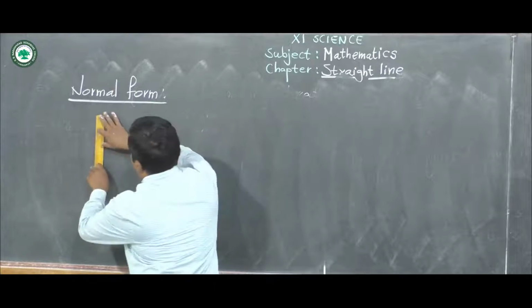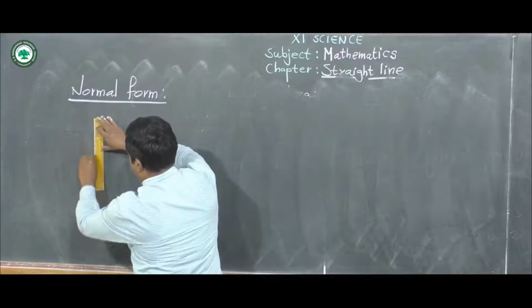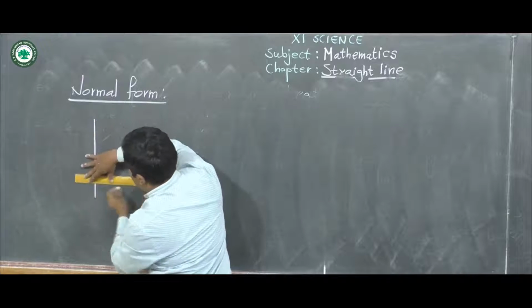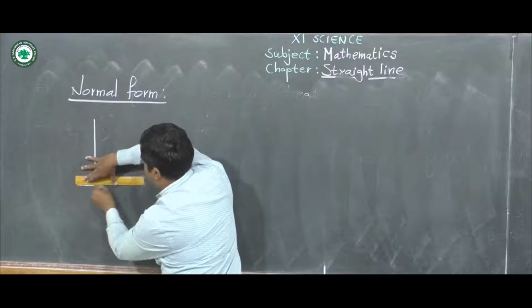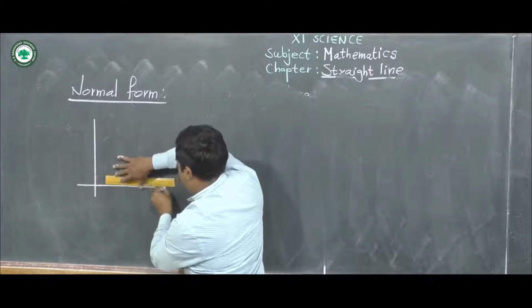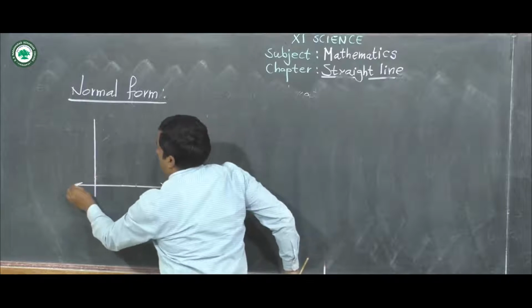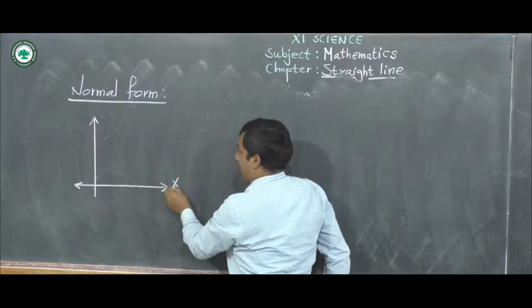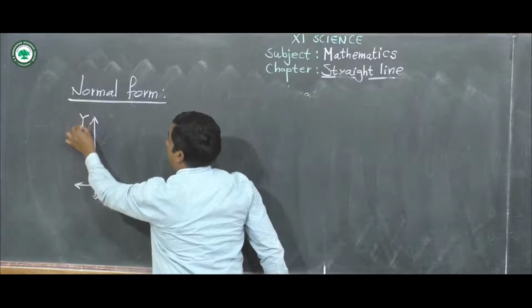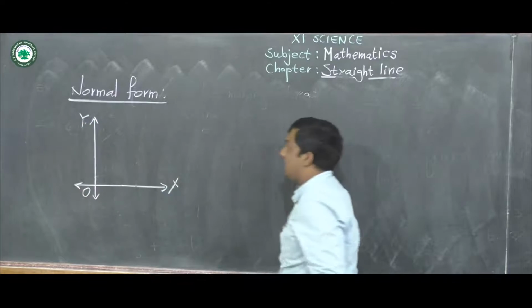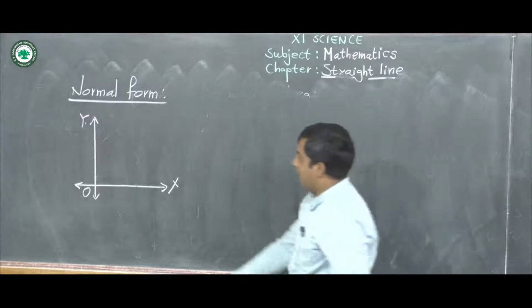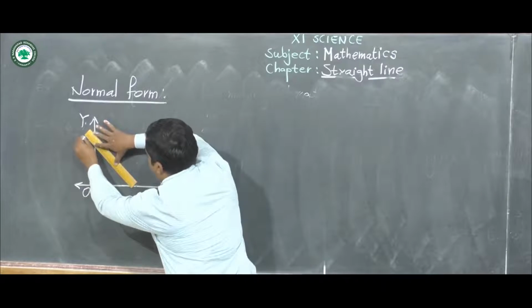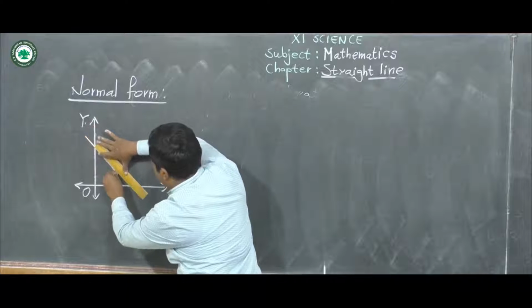Let us consider the coordinate axes, that is the x and y axes. Here is the x-axis, here is the y-axis, here the origin is at O. Let us consider one line L. Suppose this line is like this.